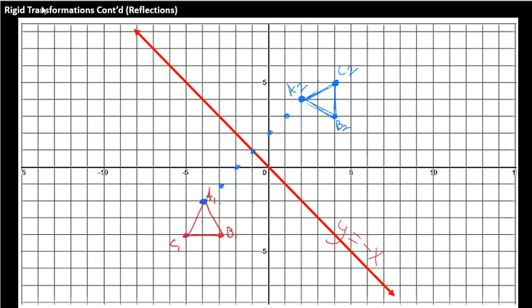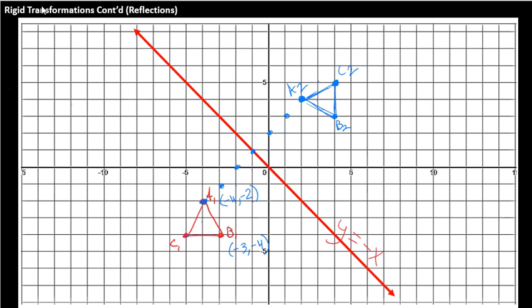So let's see what our coordinates are. A1 is (-2, -4). B1 is (-4, -3).